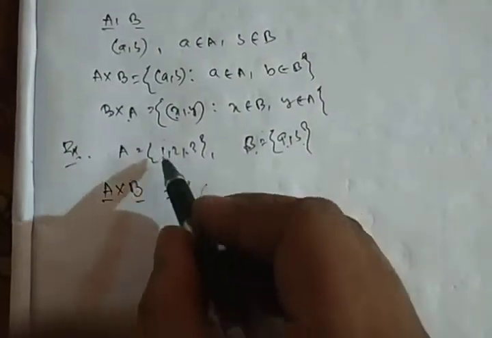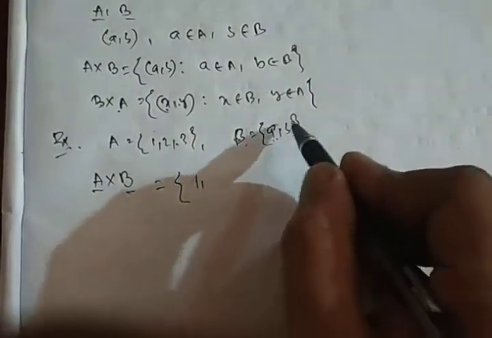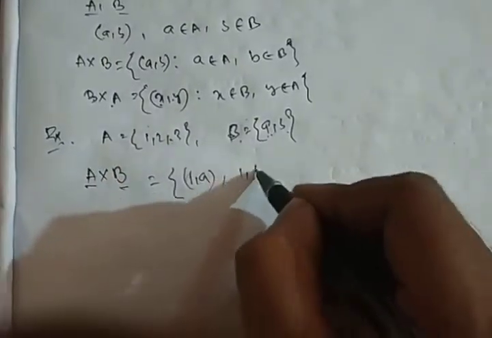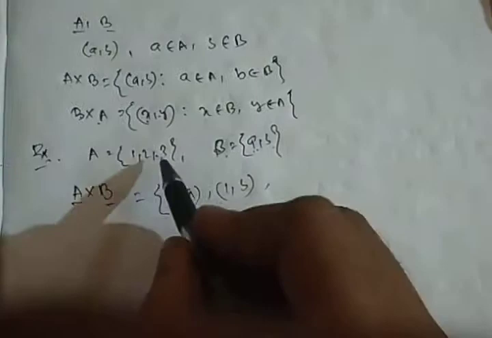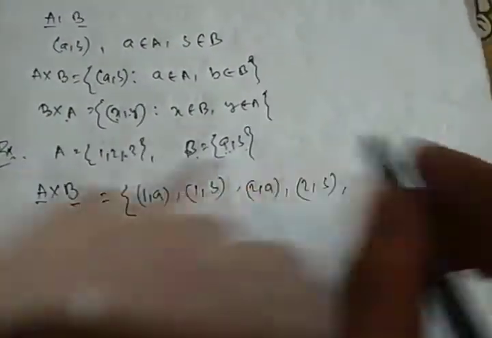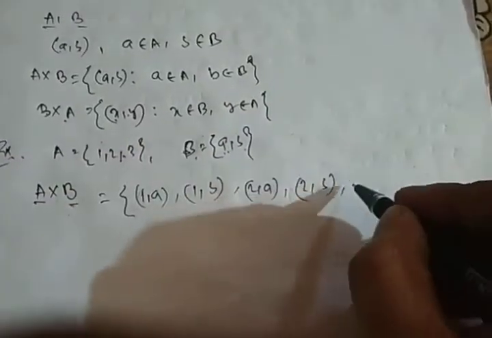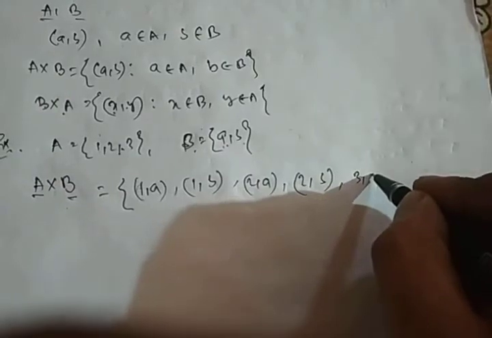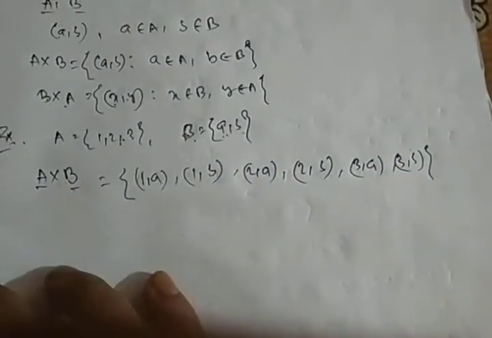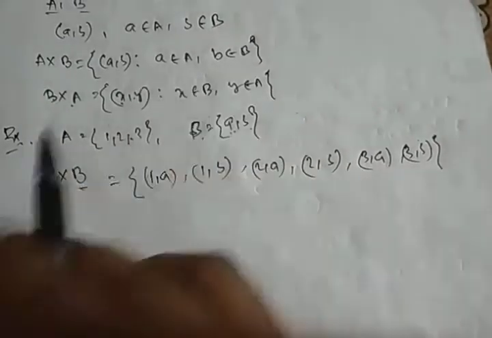The first ordered pair will be the first element of A, which is 1, and any element from B, which is a. Similarly (1, b), (2, a), (2, b), all the possible ordered pairs, and lastly (3, a) and (3, b). This is all the possible ordered pairs which can be formed from the sets A and B.